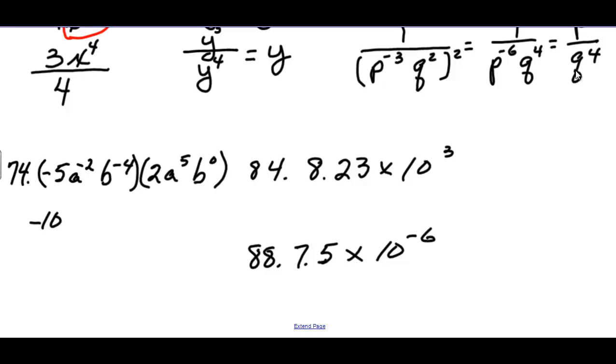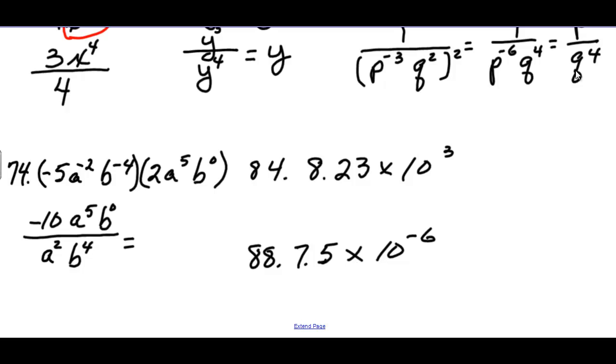And now we have an a to the 5th, a b to the 0, which means almost nothing. It's the same thing as 1. And now, down below, we take our two negative exponents, which are a, and since it was negative 2, now it becomes squared. And b, since it was negative 4, now becomes to the 4th power.